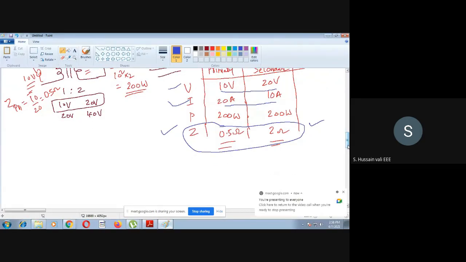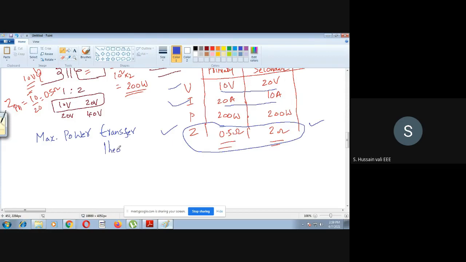Now we will recall another concept. Now you remember this thing, that a transformer can change the impedance. So this statement you keep in your mind. Now we will use this statement somewhere else here. Now you recall the maximum power transfer theorem.